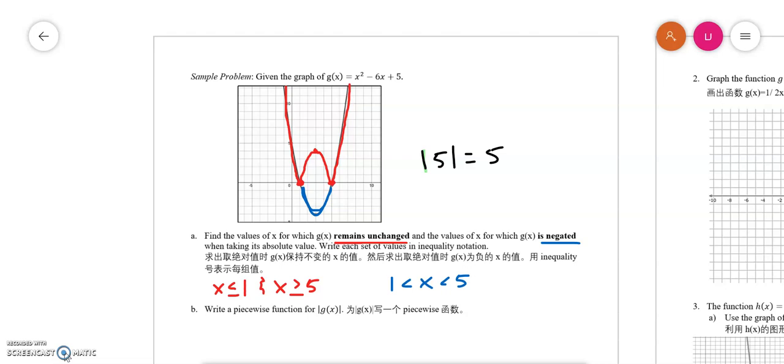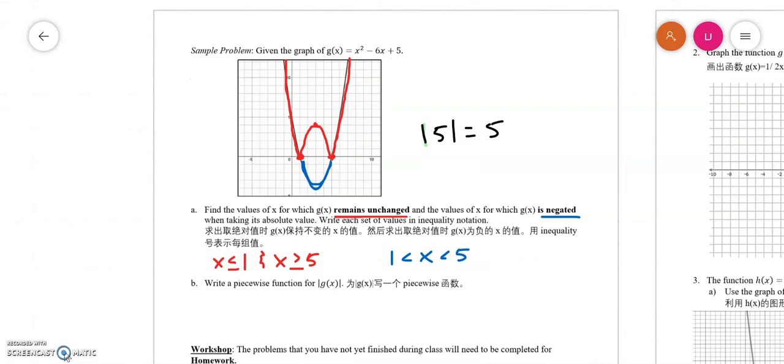All right, so let's write a piecewise function for this. So let's see. Absolute value of g of x. Now in this one, we're going to have 3 sections, because remember there were 2 sections here where we had an unchanged value. So 3 sections altogether, because we had 1 change. All right, so unchanged, where the absolute value of g of x is still g of x.